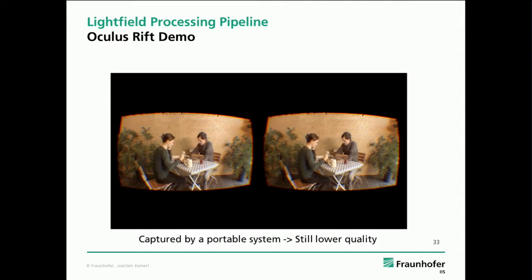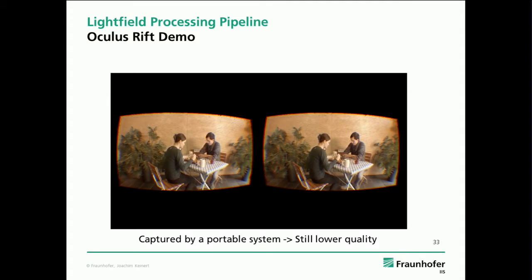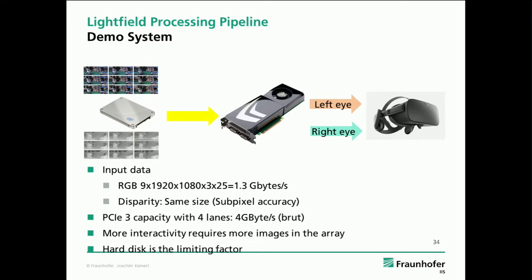Of course, the quality is not the best at the moment, but I think it's important that you can now also have this 6-dimensional freedom VR, so looking around a scene or objects and not only, let's say, looking 360 degrees.